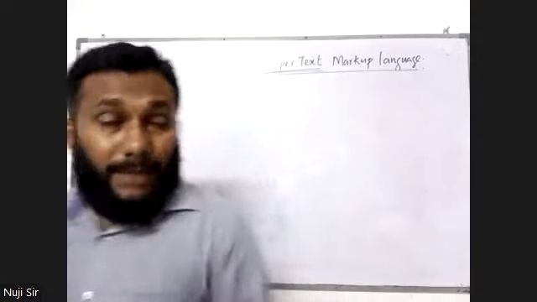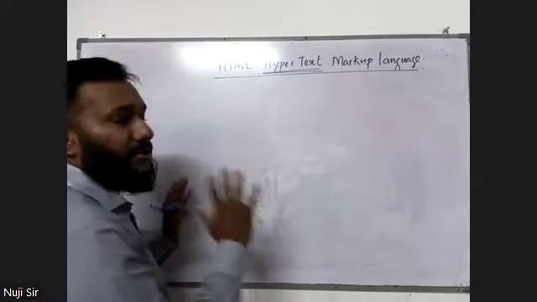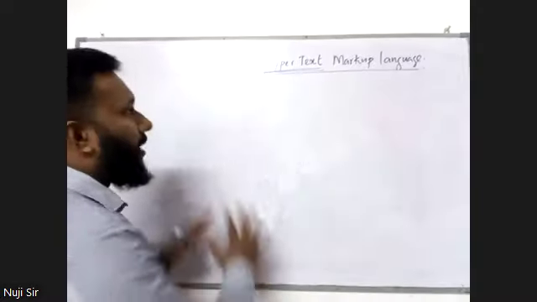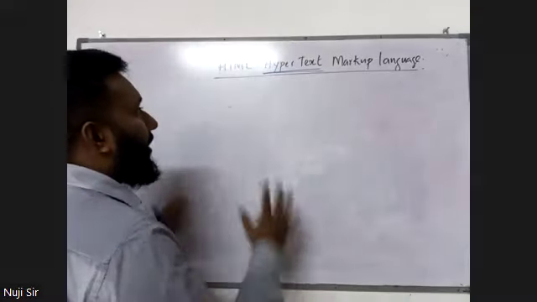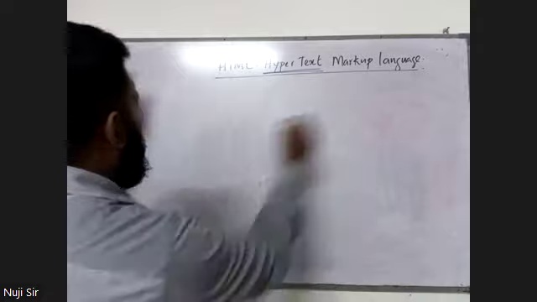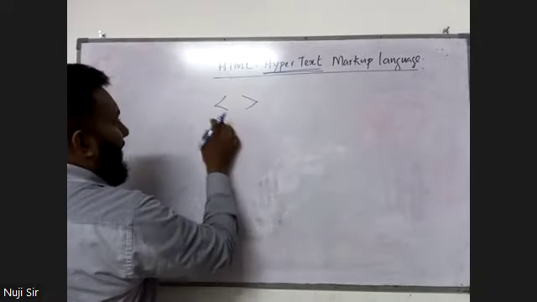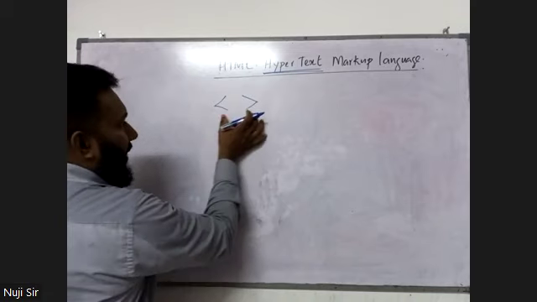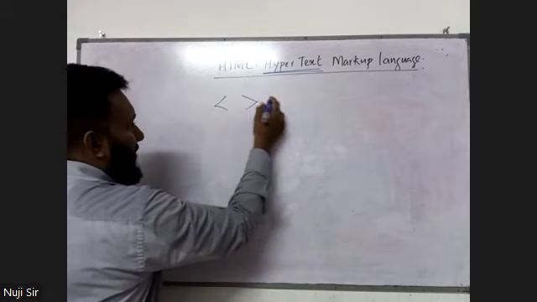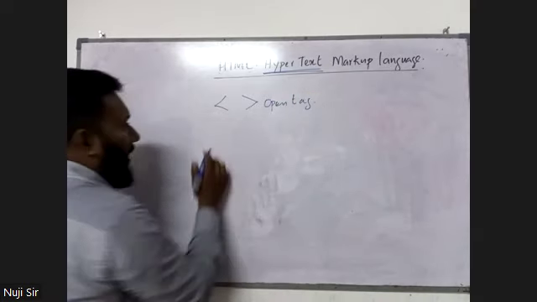But markup language means it's not a programming language. HTML is not a programming language; it's a markup language. The markup means you can see there are tags we call angle brackets. This is what you call an open tag. These are the markups.